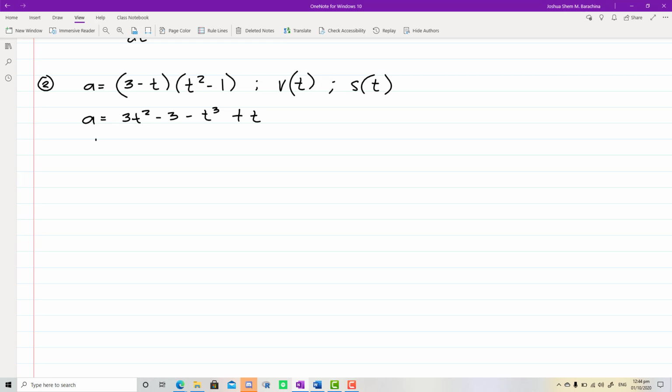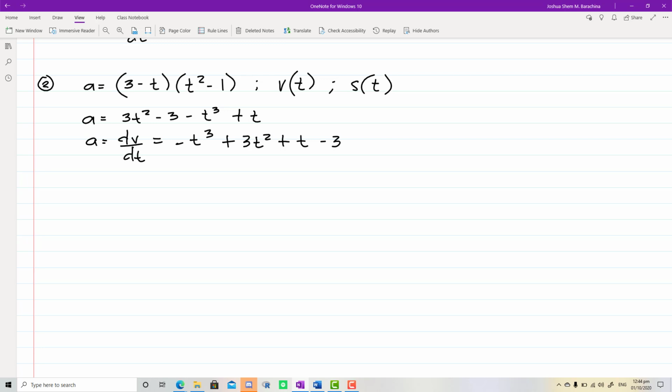And again, acceleration is equal to the derivative of v with respect to time. Let's copy it here. 3t squared. O unahin natin yung mataas na degree. Negative t cubed plus 3t squared plus t minus 3.